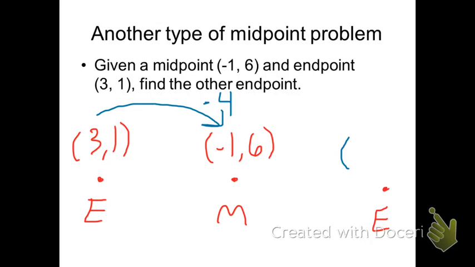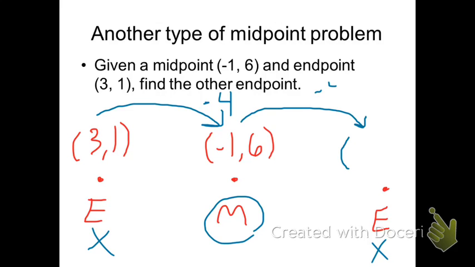So, since this midpoint is right in the middle of these 2 endpoints, we need to travel another 4 in the left direction, or subtract 4 from -1 to find the other endpoint. So, -1 minus 4 would be -5, which would give us the x-coordinate of our other endpoint.